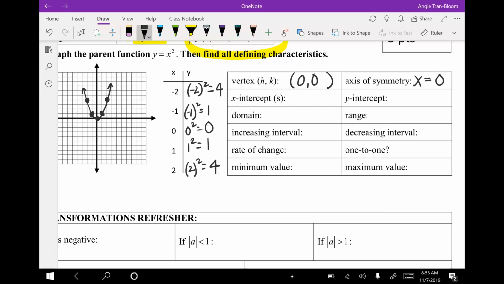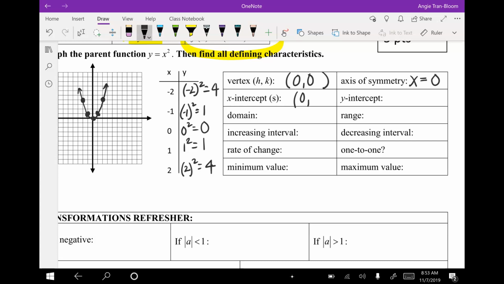From the graph, does it look like it has any x-intercepts? Does it cross over the x-axis ever? Sure. How many times? Once. At what location? 0, 0. Parent functions are normally pretty boring, okay? How about y-intercept? Does it cross the y-axis? 0, 0, okay? What do we say the domain is? All real numbers, okay?